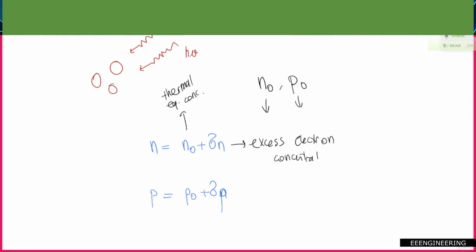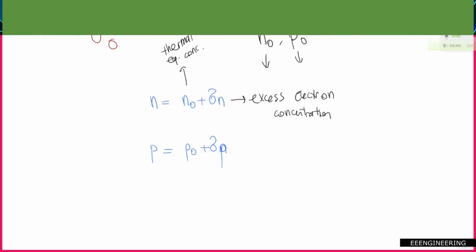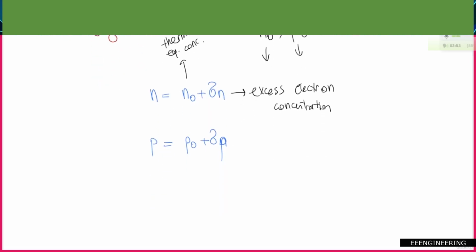And the below equation is nearly the same as the previous one. This time we're going to have hole concentration. P0 is the thermal equilibrium concentration for holes, exactly the same thing. And this delta P we have in here is the excess hole concentration.